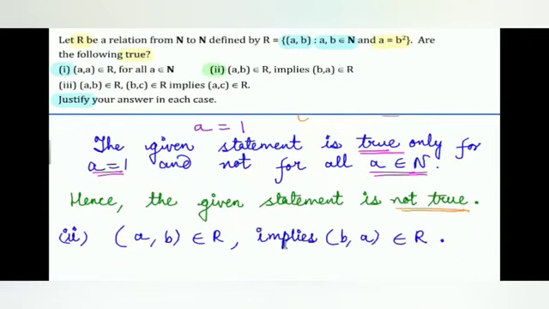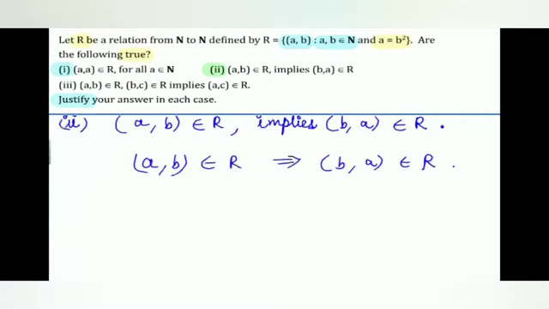(a, b) belongs to R implies (b, a) belongs to R. So that is also false. It's very simple. 2² = 4, so (4, 2) belongs to R. But (2, 4) would need 4² = 16, which does not equal 2, so that is not possible. So (a, b) belongs to R implies (b, a) belongs to R, where a = b², and you can also write that b = a².